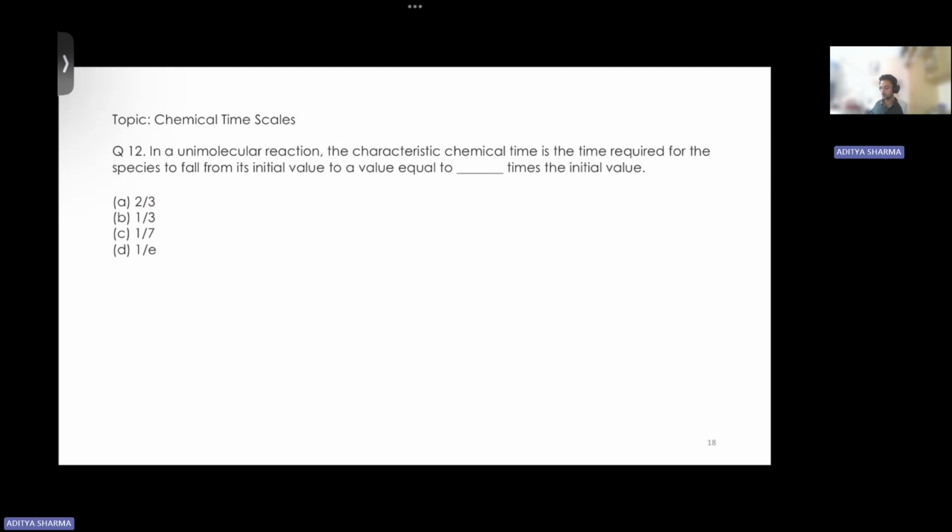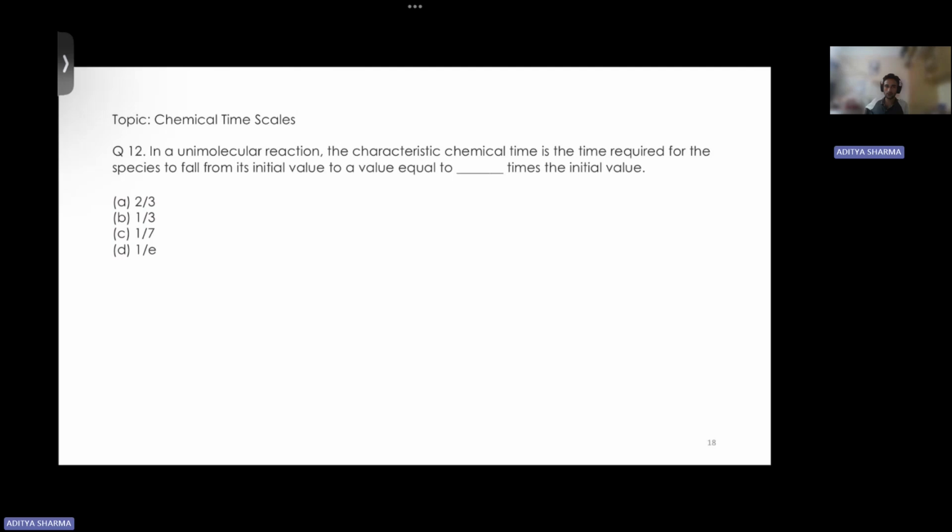Okay, so the value that is eventually reached by the species after the reaction is dash times the initial value, in a way a multiple of the initial value, and what that multiple is, we have to answer this.